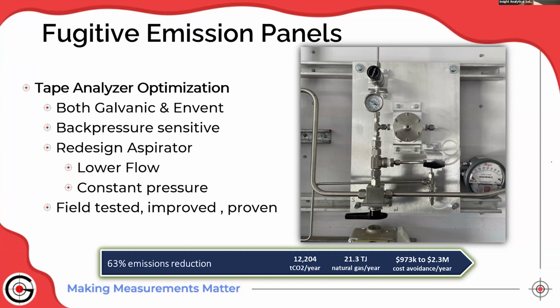We were working with a client who had a number of these analyzers installed. And when they went through and evaluated their emissions from their metering buildings, they realized that the vents from all the analyzers, because methane is 40 times as much a greenhouse gas as CO2, were contributing 12,000 tons of CO2 equivalent emissions a year.